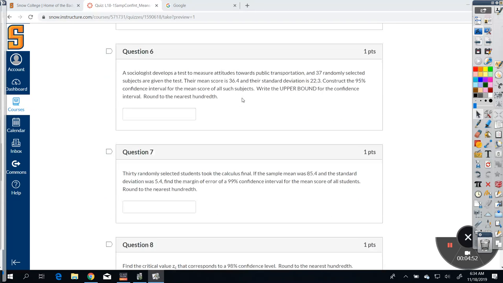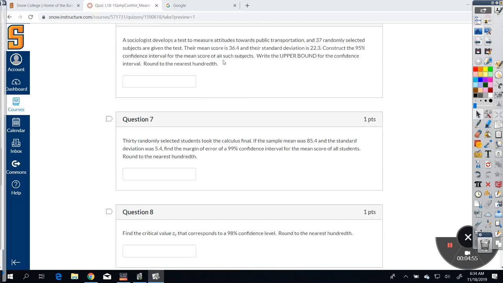So same thing with this sociologist problem. A sociologist develops a test to measure attitudes toward public transportation. So 37, that's just, he's using 37 people to make a generalization, a statement about the whole population. Okay, so he's using these 37 randomly selected people to make a statement about how people feel about public transportation.